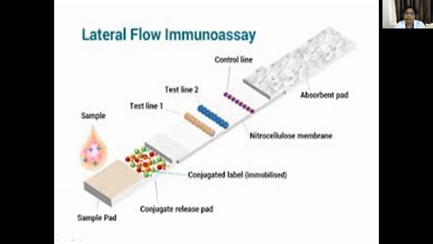Any other remnant antibodies which are not bound are absorbed in the absorbent pad present next to the control line. That is the principle of lateral flow immunoassay, which is basically sandwich ELISA.